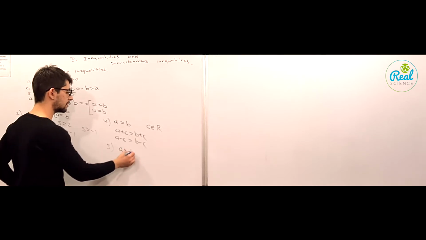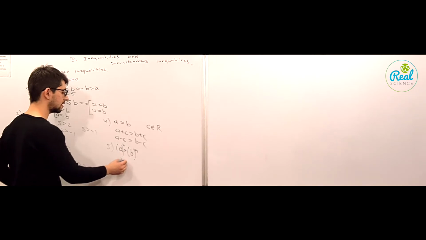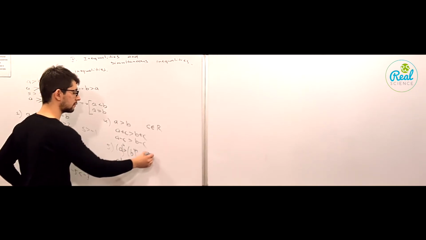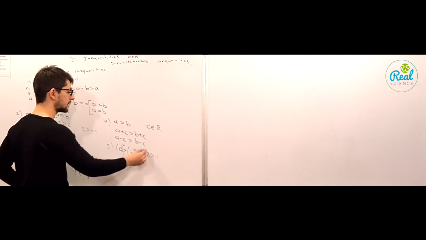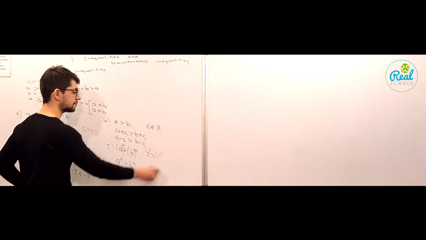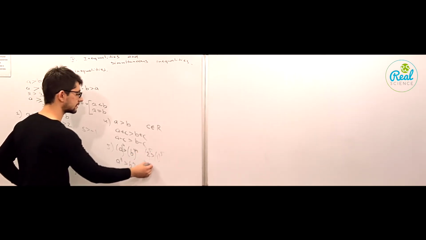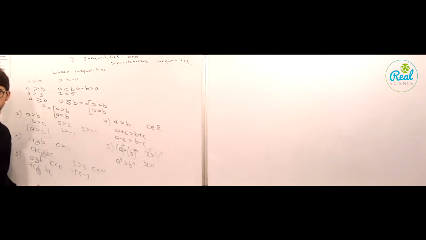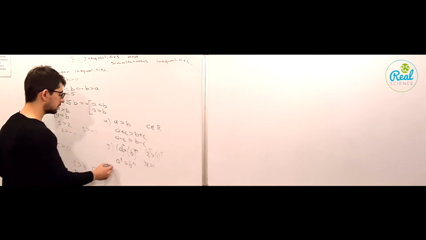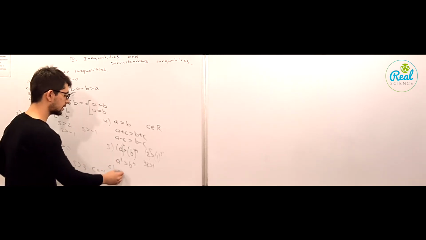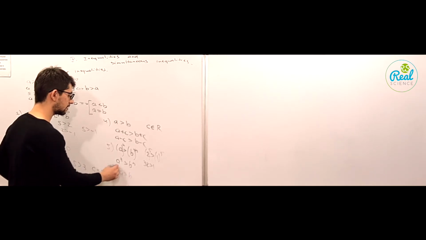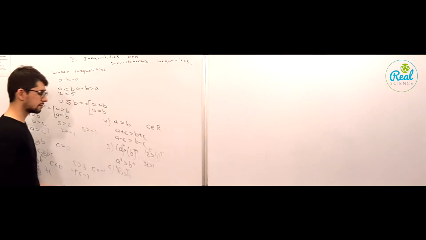A greater than B, you can raise both sides to the nth power, your sign will not change: a^n greater than b^n. For example, 2 greater than 1, you can raise both sides to the 5th power, 32 will stay greater than 1. Right? The same alternative: A greater than B, you can take the nth root from both sides, so nothing changes.